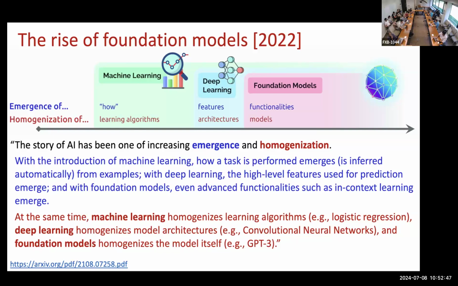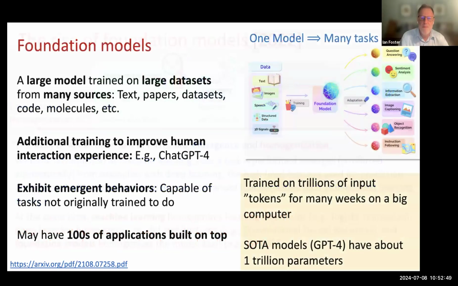Okay, so that's what a foundation model was: a large model trained on large data sets from many sources. There typically will be some additional training to improve the human interaction experience, to prepare it to engage in conversation, and to prevent it from saying inappropriate things.